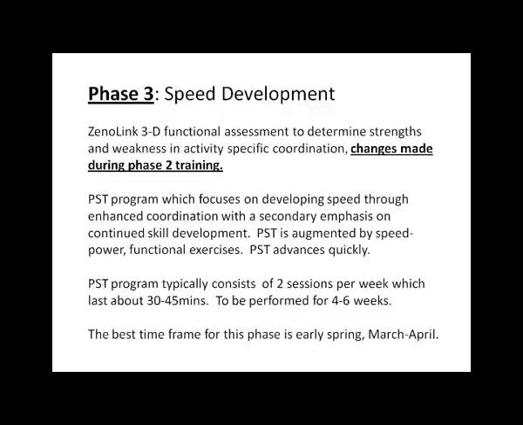Again, as we start phase 3, we're going to use a ZenoLink 3D functional assessment to determine strengths and weaknesses. And again, most importantly, determine what changes we've made in phase 2, where we stand, mark it objectively, and quantify the changes so that we know where we want to progress with our speed development phase, which really then brings the athlete up into starting of the season.